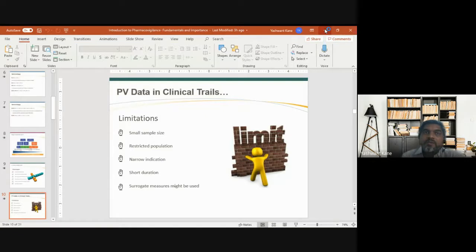So the dimensions of the data, whatever is put into the label, can be changed even after the clinical trials are over, even after the data has been collected for the drug throughout its life cycle.